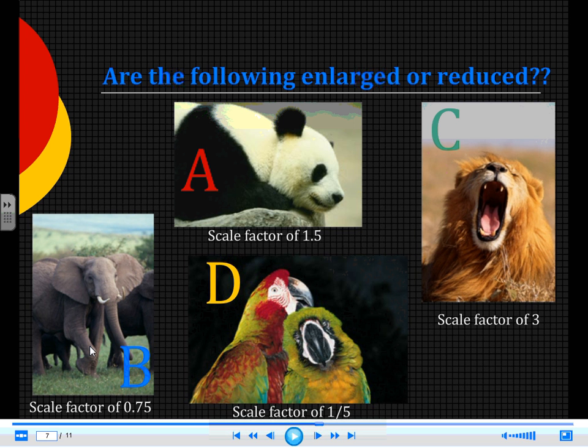The number is bigger than 1. If it was a reduction, the number should be smaller than 1. Do you see any ones that would be reductions? B had a scale factor of 0.75. That number is less than 1, right? So that image was actually originally a little bit bigger. Do you see any other ones?